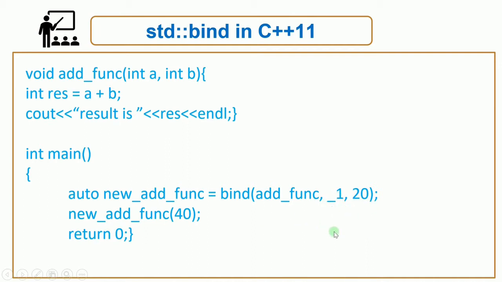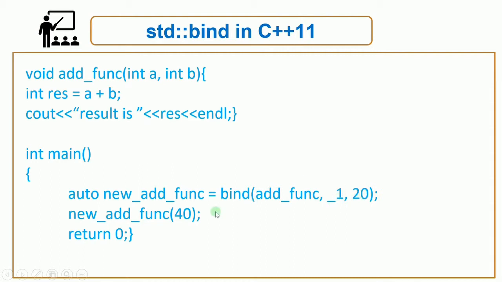They are represented by numbers _1, _2, _3. Here you can see the maximum number is _1. And this 20 is represented as a normal integer 20. We are not representing it by any symbol like underscore, nothing is there. So up to _1, that means the new function which this bind function creates, by taking as input a function, this function which is already defined, and these two things, has only _1 present.